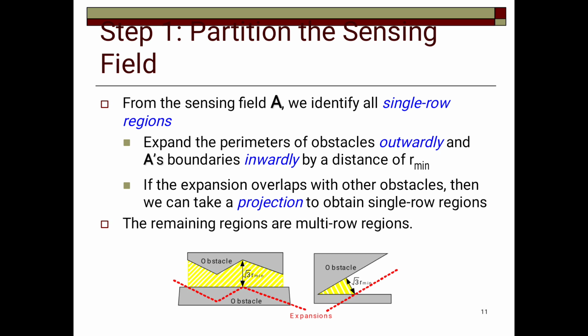The remaining regions are multi-row regions. For example, in the two figures, there are two obstacles, one at the top and one at the bottom, and the distance between the two is root 3 R min.